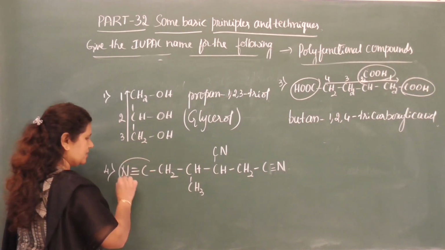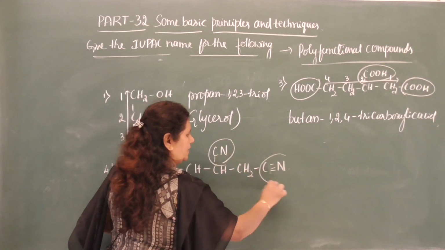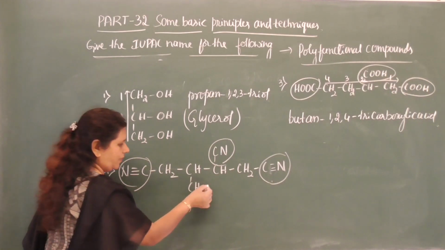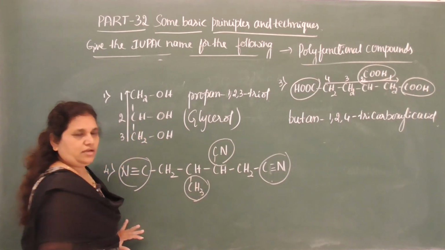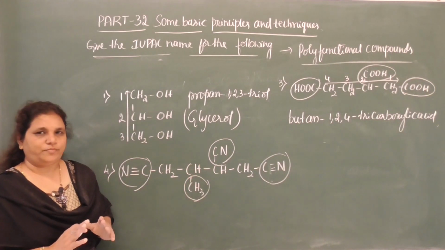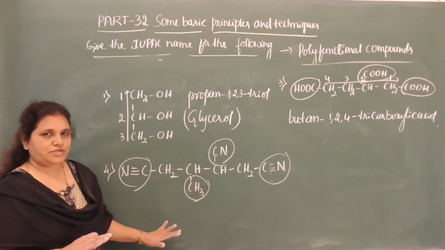Nitrile group, this is 1, this is 2, this is 3. You need to treat them as a functional group, but we are not considering the carbon of the functional group. That's it, and we need to give the suffix only for these functional groups.